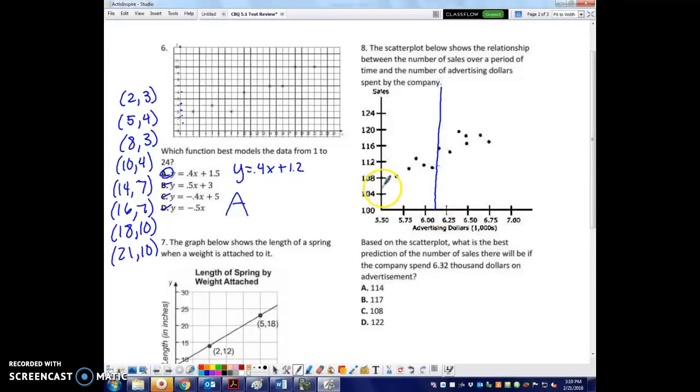If you have your line of best fit, that's about right here. Would it be at 114, 117, 108, or 122? Let's look. 122 is way up here. Is that it? No way. 108, that's right here. Is that it? No way. We have 117, which is right here. Is that it? Nope. So it has to be 114.